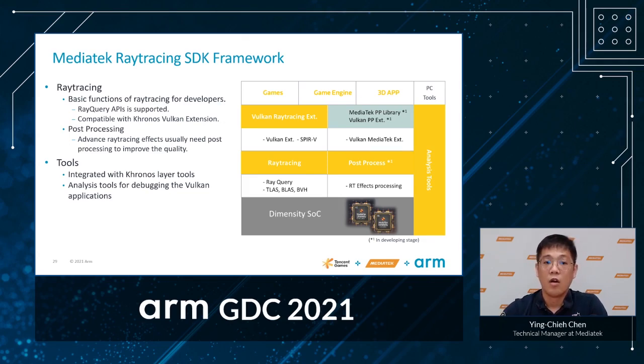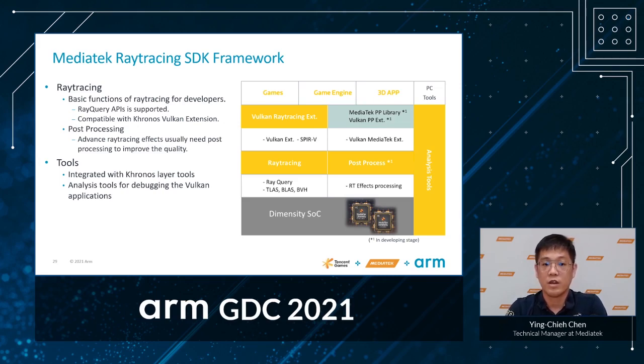First, our ray triangle intersection test API is in the form of RayQuery, which is defined by open standard. Developers can use it directly in their existing shader code.